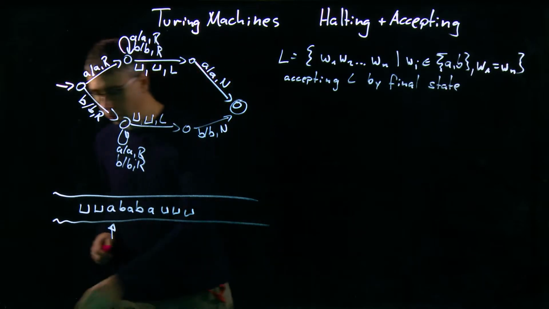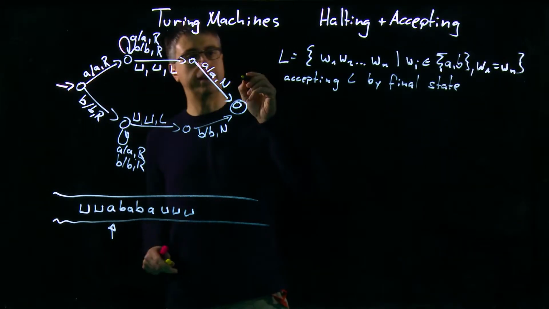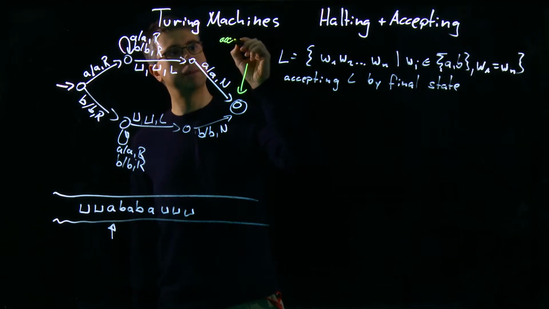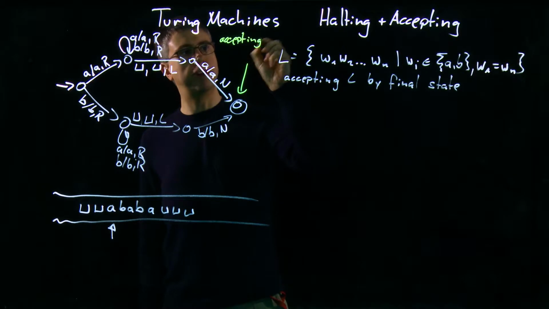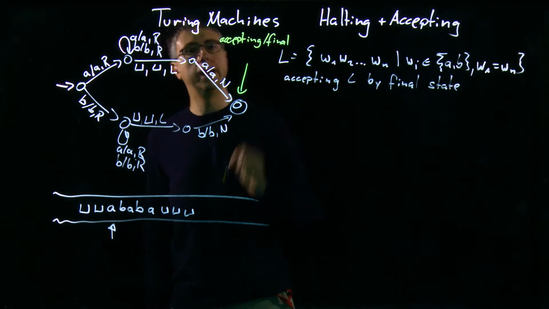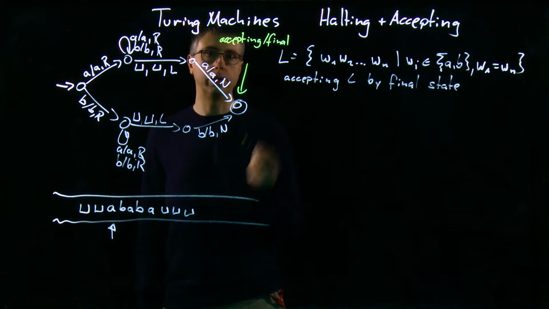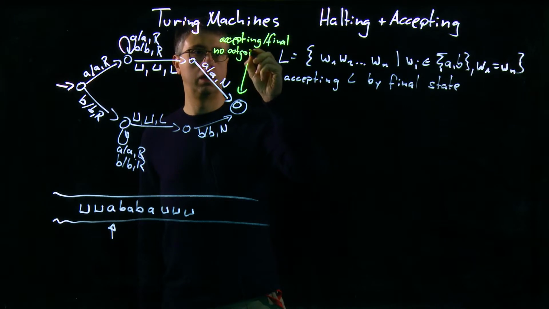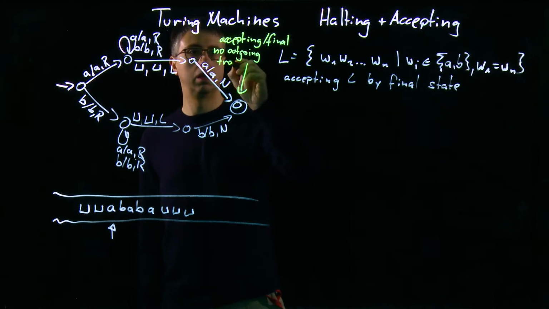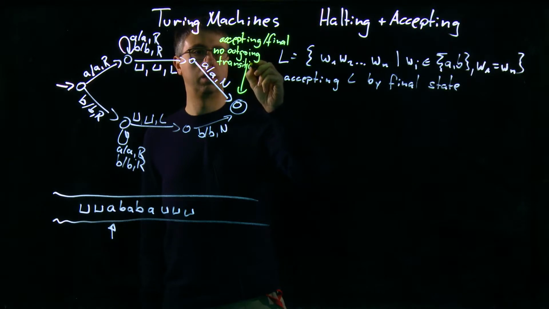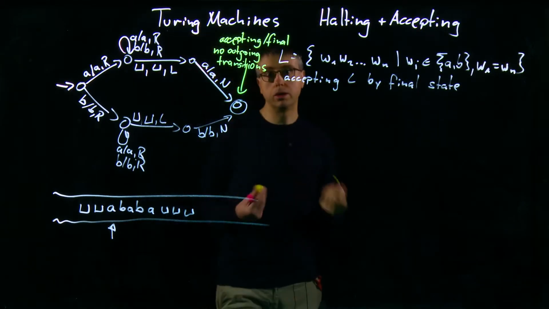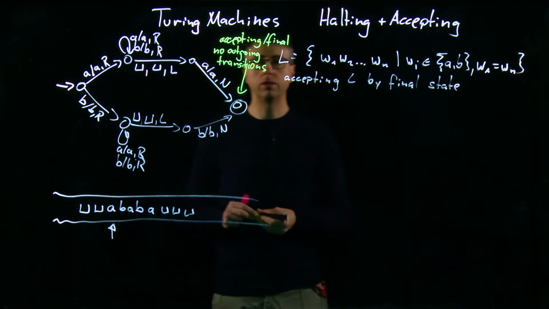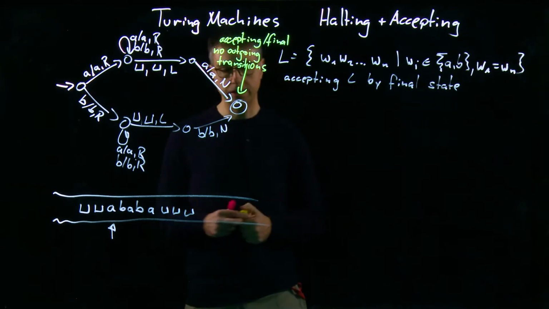There's one convention we usually adhere to, and that's that this is the final or accepting state. So this state here is accepting, or final. And we don't have any outgoing transitions here. That's merely a convention, and it's useful because then we know that the Turing machine cannot do any further moves once it reaches this state.